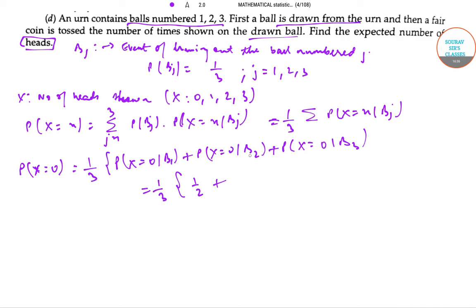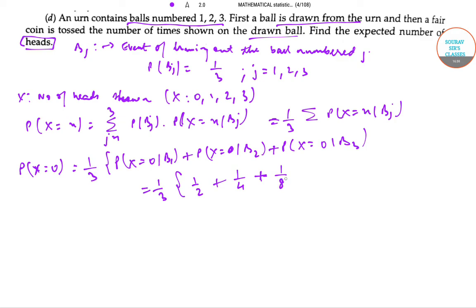Given that ball 2 is drawn, that is you toss a coin 2 times, and you don't get a single head, the probability is 1 by 4. And probability x is equal to 0 given the third ball, so you toss a coin 3 times and you still don't get a head, is 1 by 8. So this comes out to be 7 by 24.